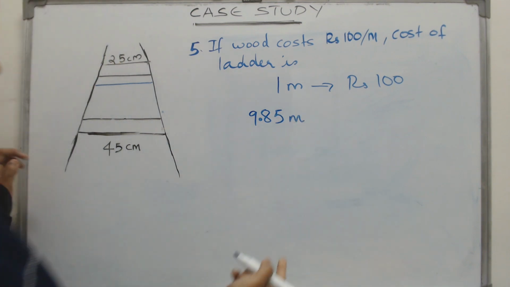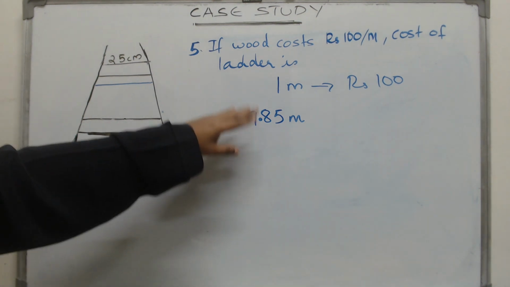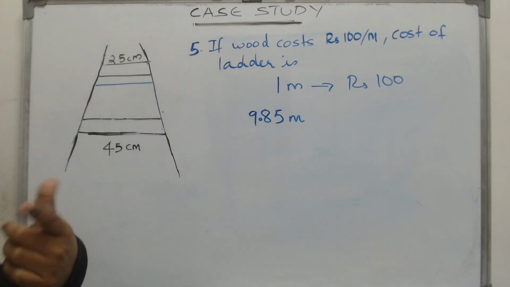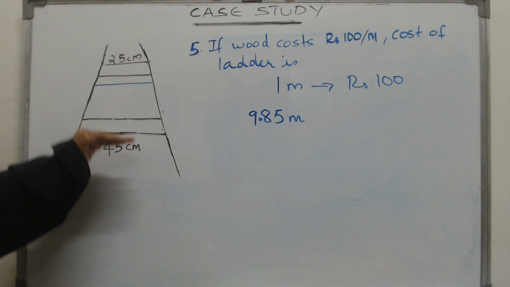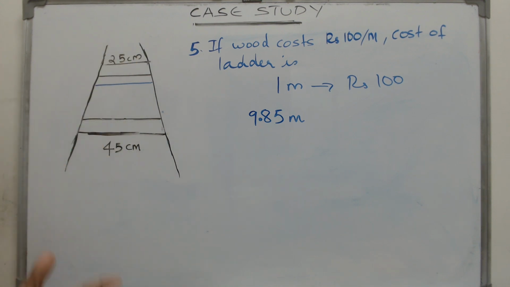9.85 meters. Now here we keep alternating between meters and centimeters, so please keep an eye on it. Whenever we are talking about wood, we are dealing with meters. That will be easy. But when we are dealing with the steps, we are taking centimeters. So don't get confused between the two. If you are finding it confusing, stick to any one, centimeter or meter.